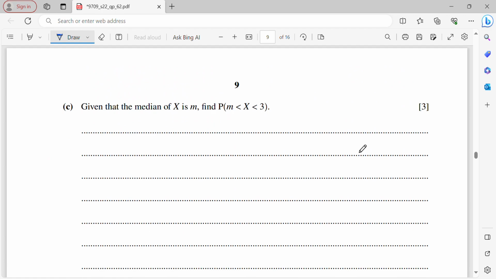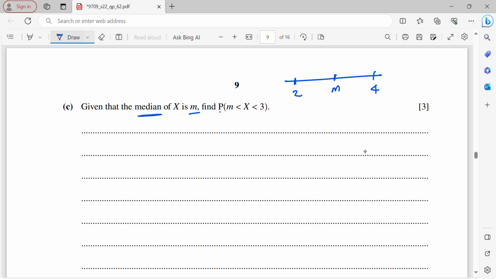Okay, now part C, given that the median of X is m, find the probability that X is between m and 3. Okay, so now, since the median is m, let's look at this diagram. Your f(x) is defined from 2 to 4. The median is m.